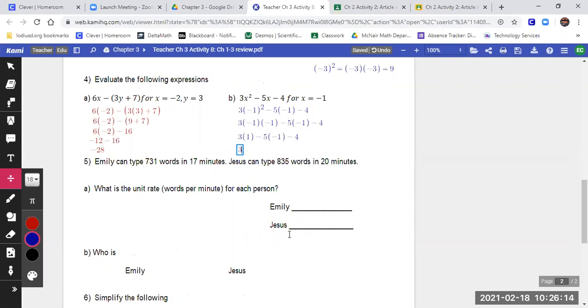3. Negative 5 times negative 1. Make sure you're using signs. Positive 5. And then subtract 4 is in the problem, right?